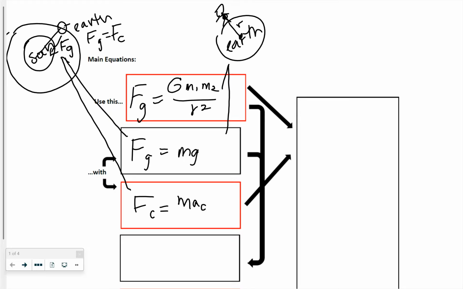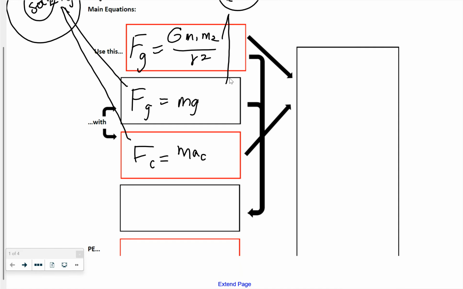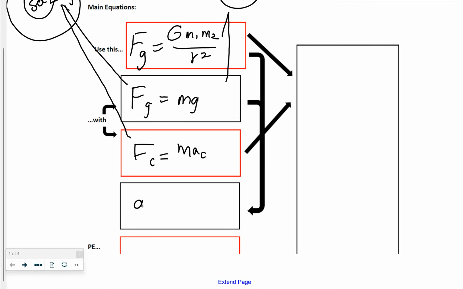All right, so first we'll start with these top two equations, like me standing on the earth, and I'll show you what you can do with those. Together they will make an equation down here, which is the equation g equals big G m over r squared, and I'll show you where that comes from. So basically we're setting these two things equal to each other.